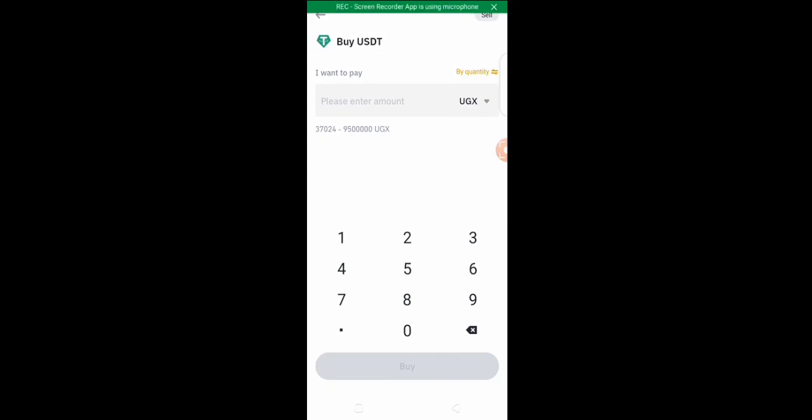That is to say, if I use 1 million Uganda shillings, down here it estimates the amount of US dollars I will get, according to the dollar price right now. We have 272.79 US dollars. Then you tap buy.